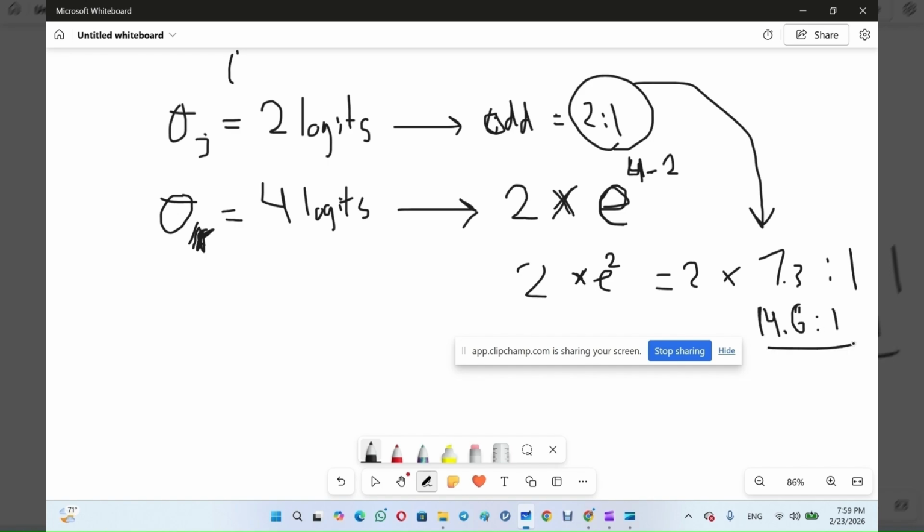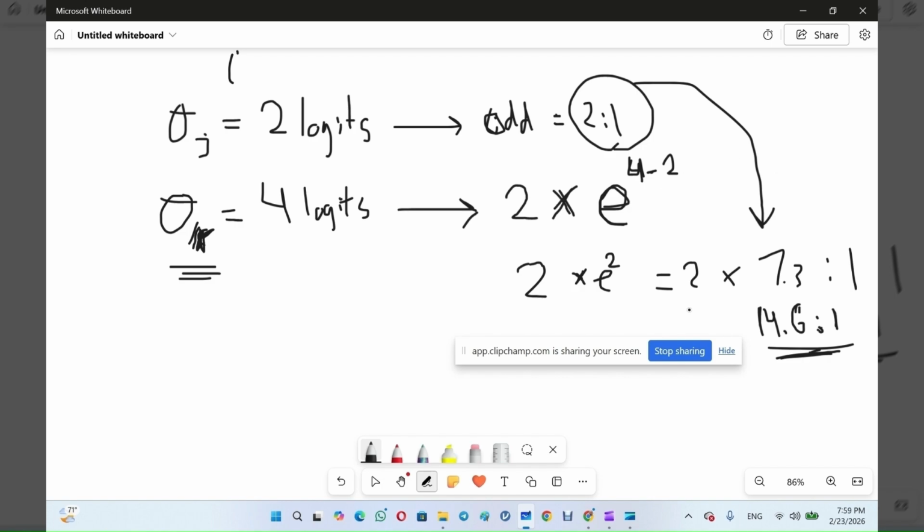That would be the odds of solving the question. So the odds of success: it has 14.6 times more probability of success as compared to the probability of failure.